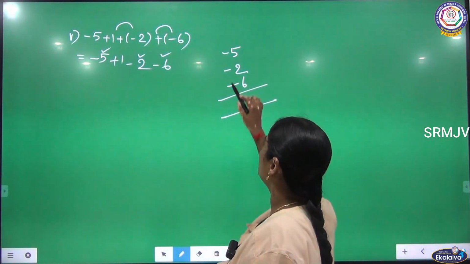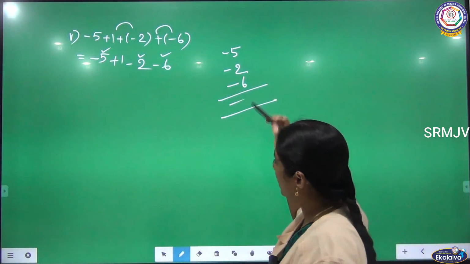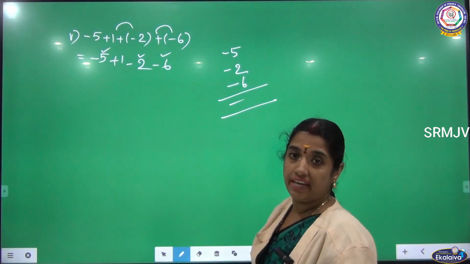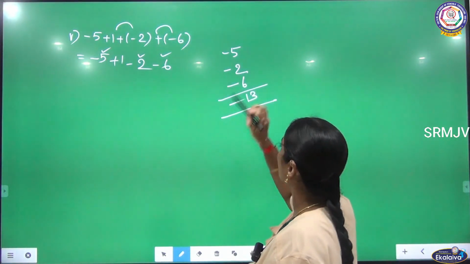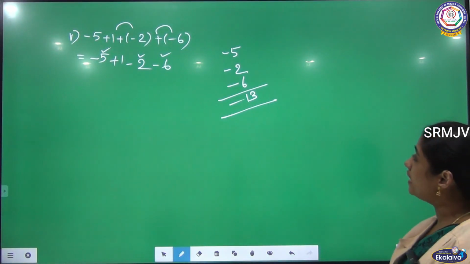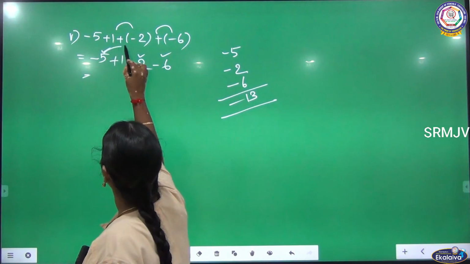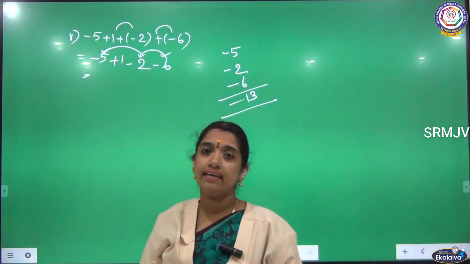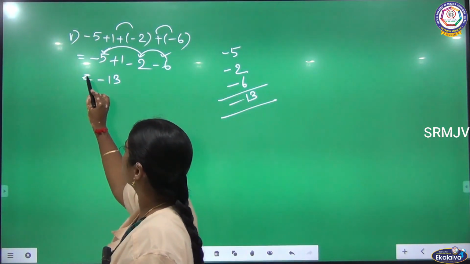So you are going to add them together, and the symbol is minus. 5 plus 2 is 7, 7 plus 6 is 13. So I get minus 13.